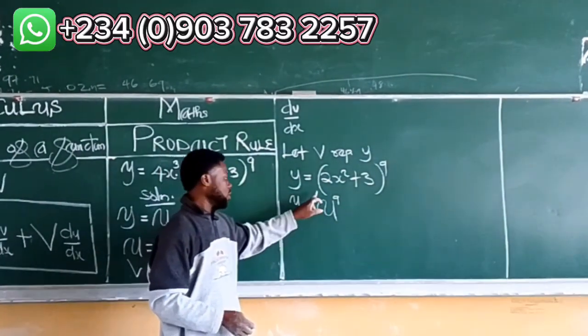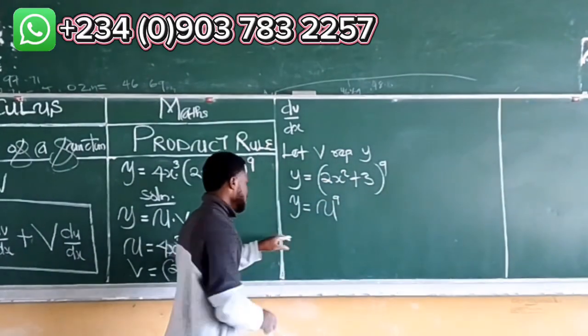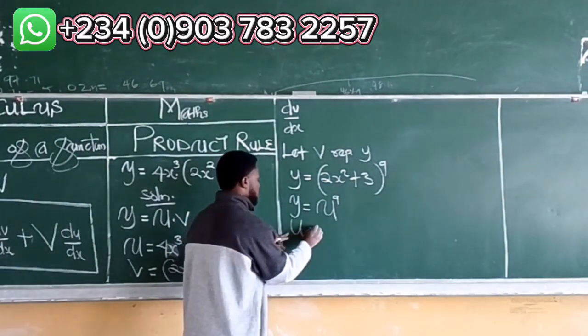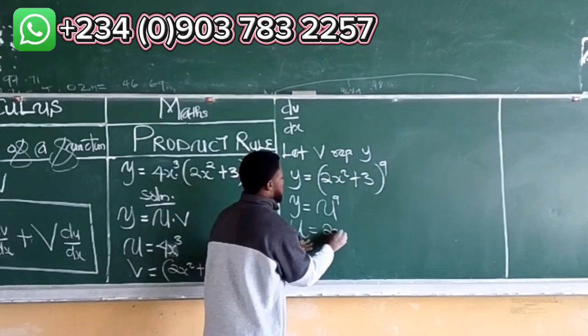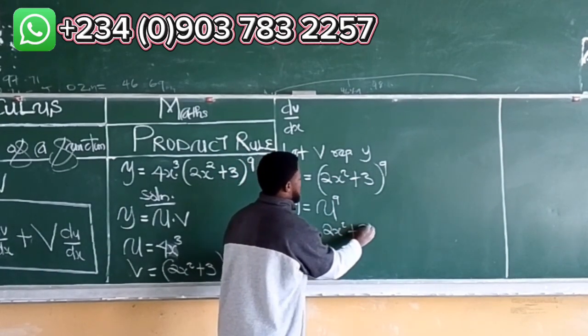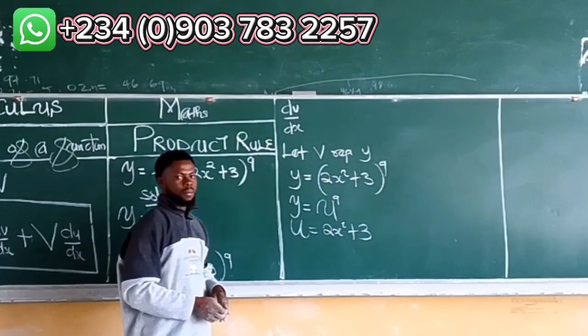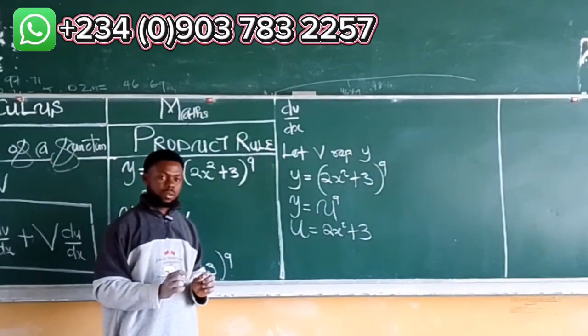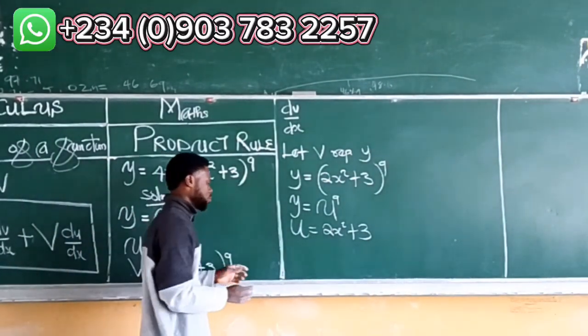Because we are using u to represent the bracket, we can say that the bracket, or u, is equal to 2x squared plus 3. At this juncture, let us find the general formula for the chain rule.